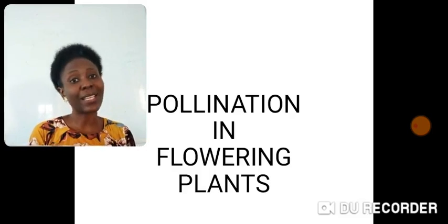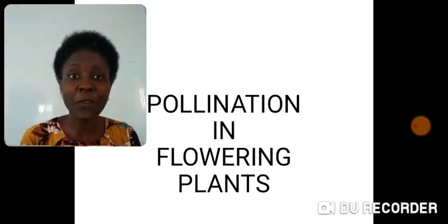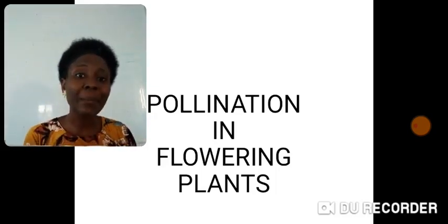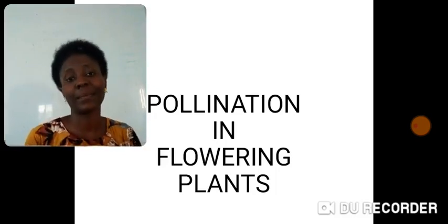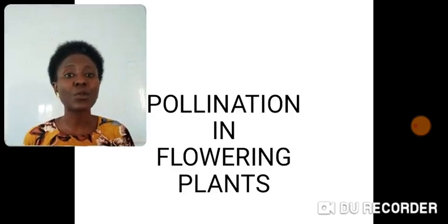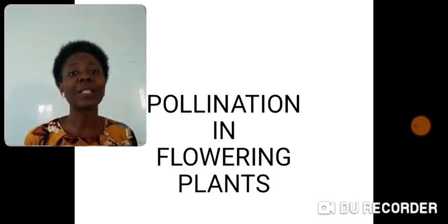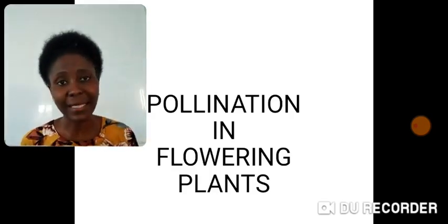So it is the transfer of pollen grains from the anther of a flower of one plant to the stigma of a flower of another plant. So two plants are involved. However, these two flowering plants are of the same species. They are of the same kind.